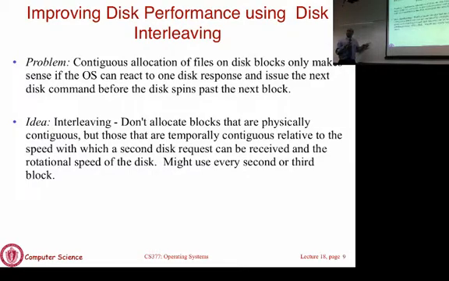So even though the block is right there, because of the latency to issue the next request, this block is already spinning by the disk. In that case, you have to wait for an entire rotation for that block to come by again. Is the problem clear?